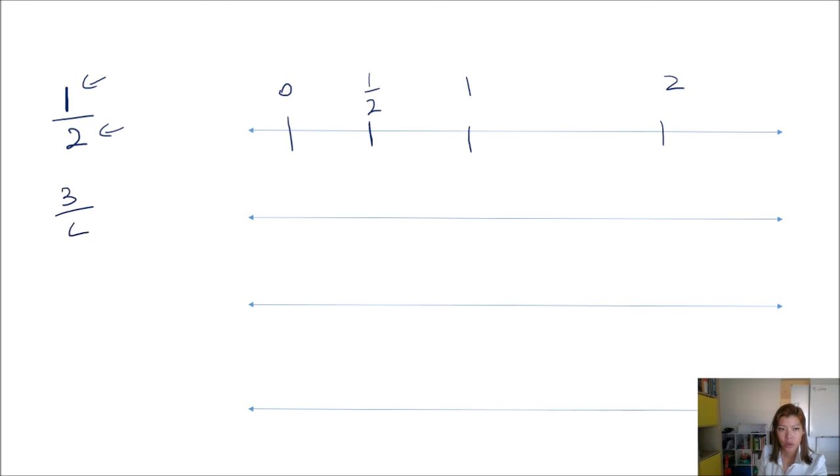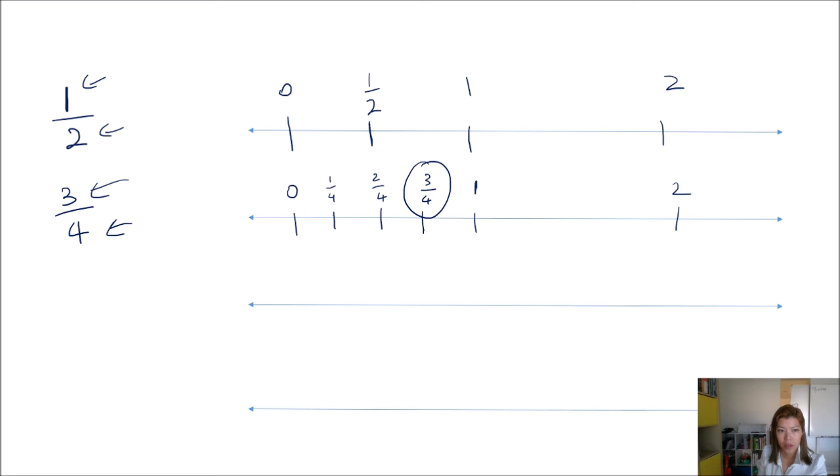If I had to do 3/4, for example, 0, 1, 2. To get to 3/4, I would go between 0 and 1. I would have to cut it into 4 pieces. 1, 2, 3, 4. And I would select the third one. So 1/4 is here, 2/4 is here, 3/4 is right here.